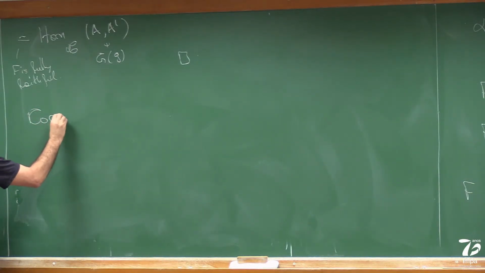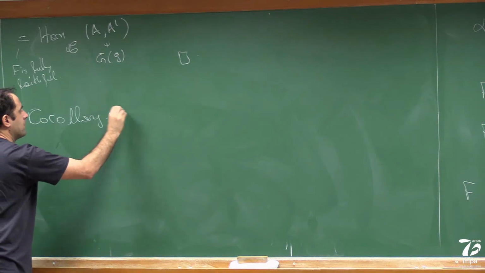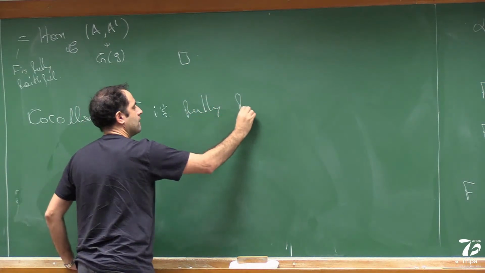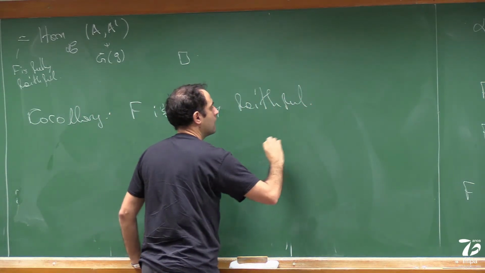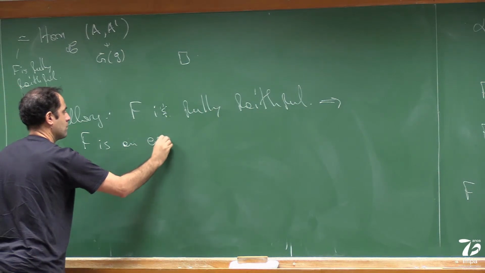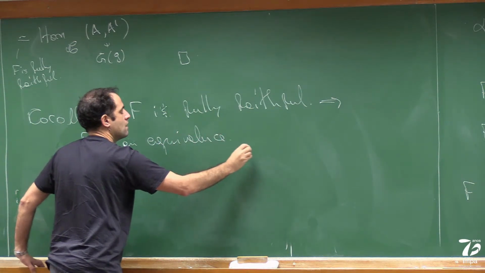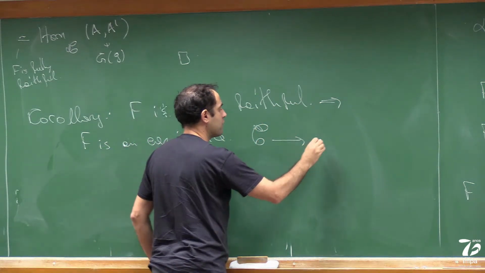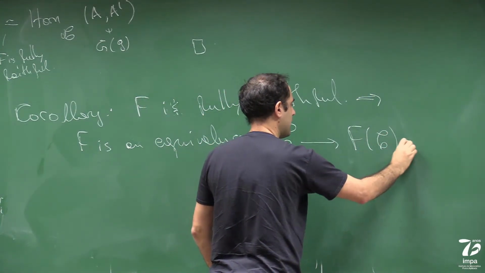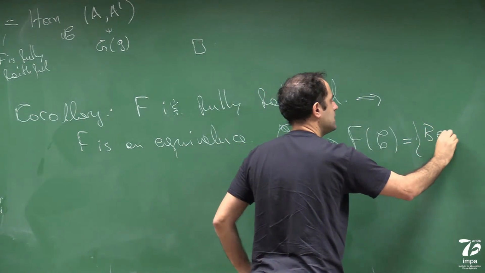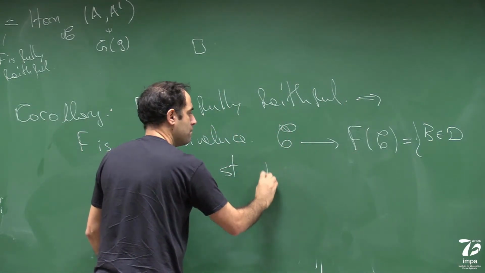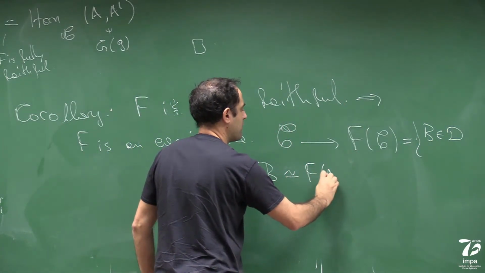So as a corollary of this lemma, f fully faithful implies that f is an equivalence from C into the category that I'm going to call f of C. And this is the category of objects B in D such that B is isomorphic to f of A for some A.